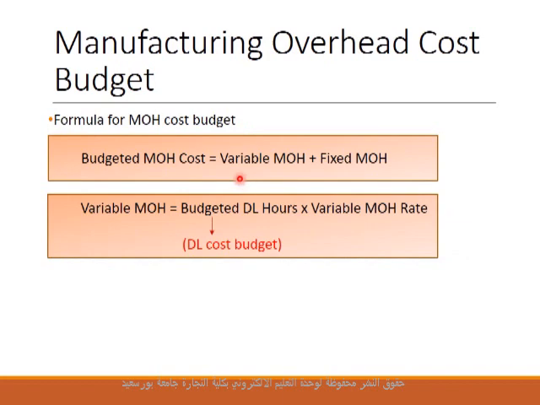So we need to add up variable and fixed manufacturing overhead to obtain budgeted manufacturing overhead cost. Variable manufacturing overhead can be obtained by multiplying budgeted direct labor hours by variable manufacturing overhead rate, and budgeted direct labor hours can be obtained from the direct labor cost budget.